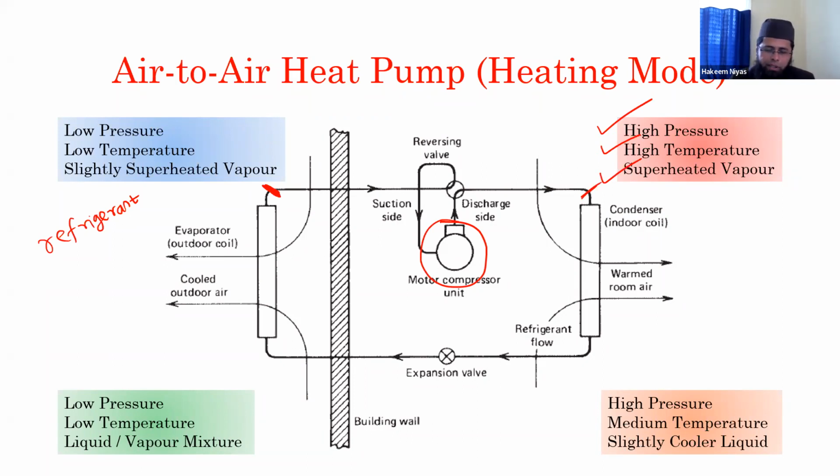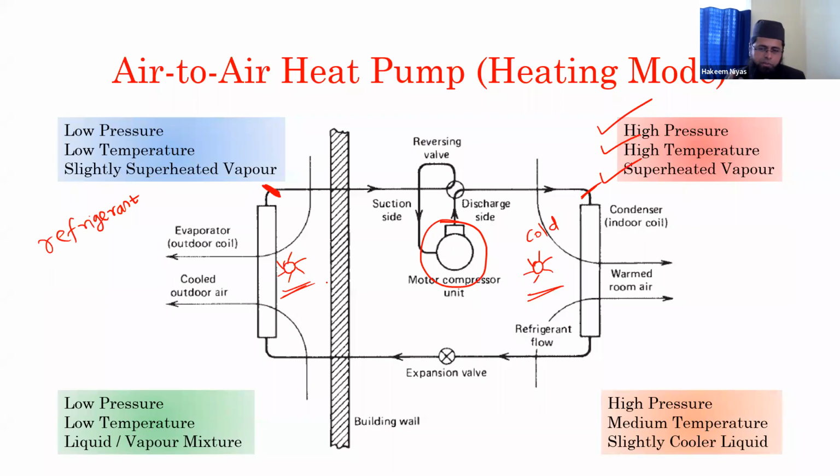Then we have a condenser which is kept inside. So here we are sending the cold air. Normally we have a blower here, something like a blower, in both the evaporator and condenser. The difference between a refrigeration system and an air conditioning system is just these two extra blowers.